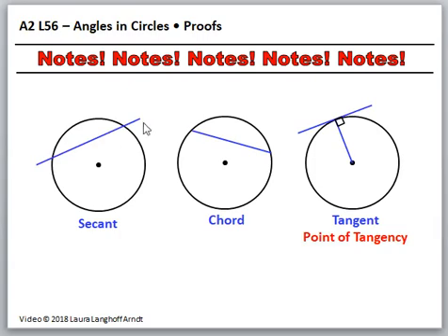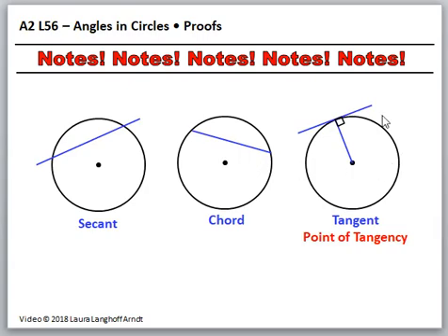It goes through the circle and it touches the circle at 2 points. Now the chord is the one that stops at the edge of the circle. Its endpoints are on the circle. That is a chord. It's a piece. And a chord that goes through the center, what do we call that one again? A diameter. That's right. I'm sure you all knew that.